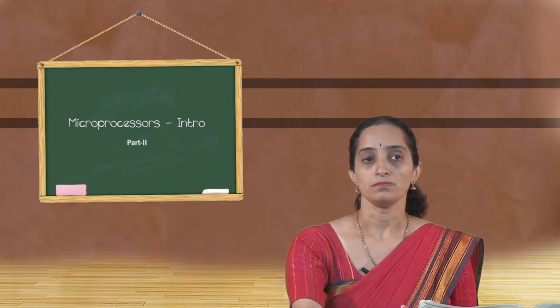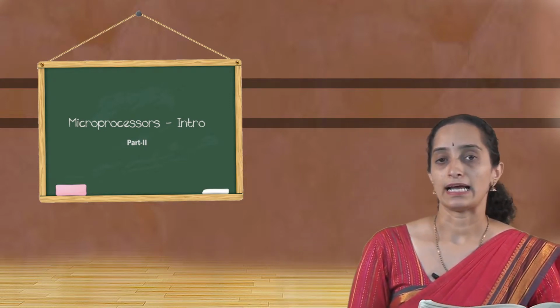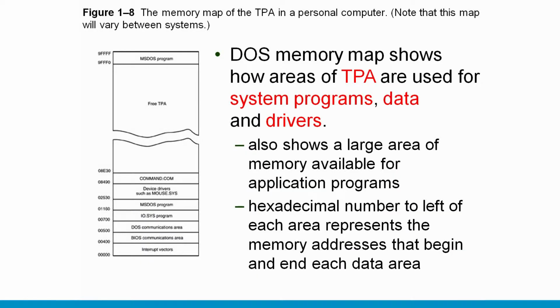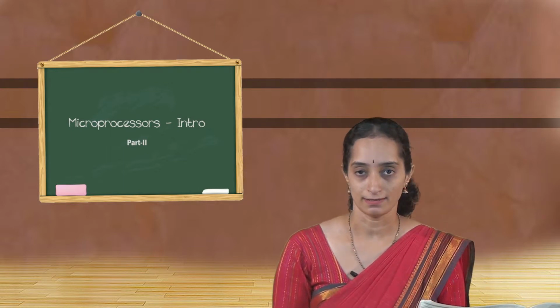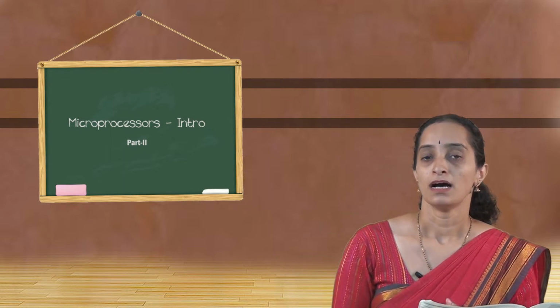First one is the interrupt vectors. What does the interrupt vector do? It accesses the DOS, BIOS, that is basic input output system, and the applications. When a system is booted, the interrupt vector will raise the interrupts that we will be studying in the next sessions.